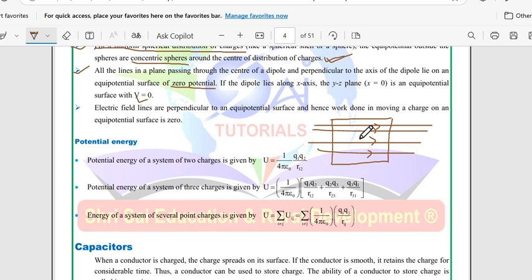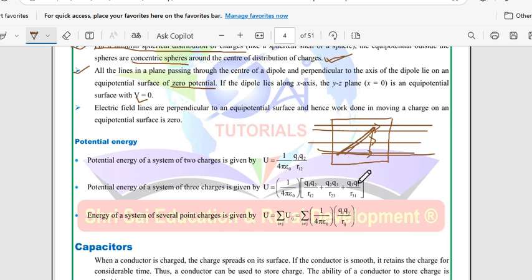See, I have told you in the dipole, the perpendicular axis of the dipole lies on the equipotential surface of zero potential. If it is the perpendicular axis, then the potential will be zero.